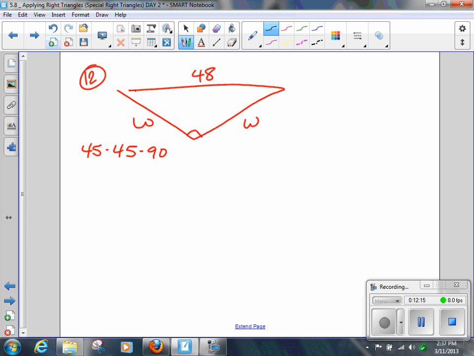So we're going to take 45 here. We're going to take 45 here. We are given the hypotenuse, are we not? We already determined in the last problem that the hypotenuse is the leg times the square root of 2. Do you guys agree with that? 48 is where the hypotenuse goes.